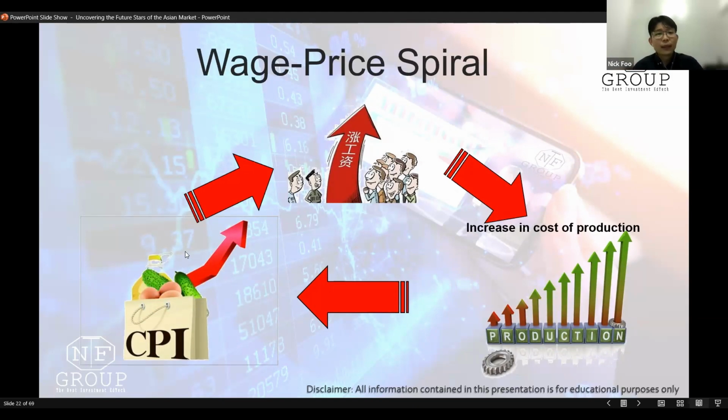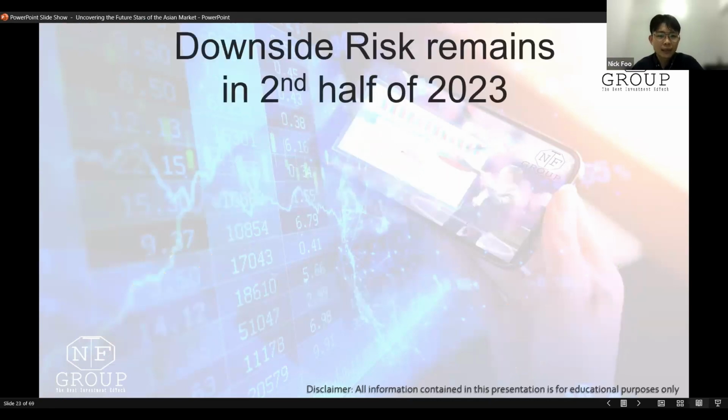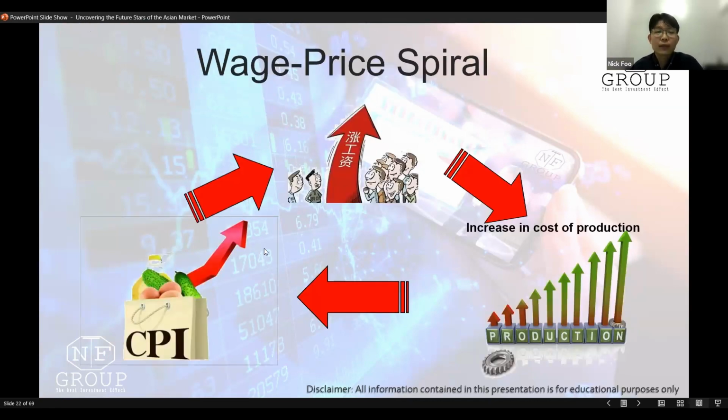And when the current inflation goes higher and higher, the workers will strike again. They will ask for an increment, and when the bosses increase pay again, that will lead to an increase in the cost of production again, and accelerate the current inflation.